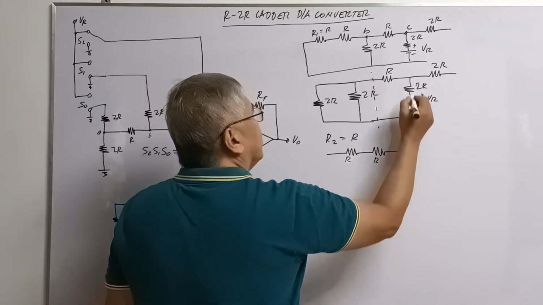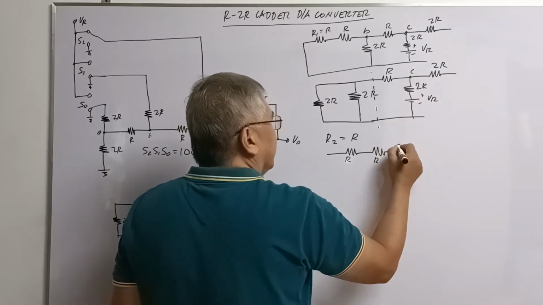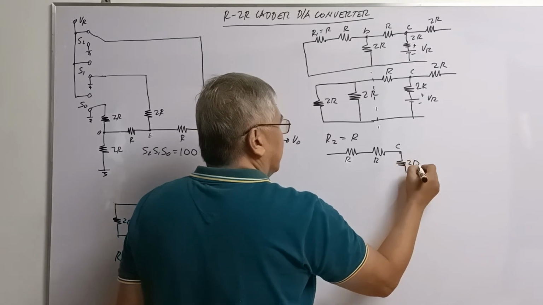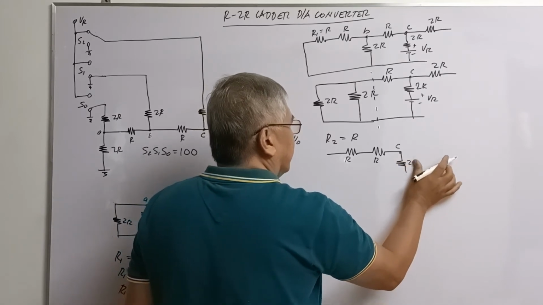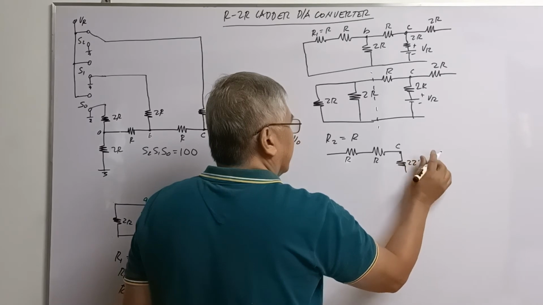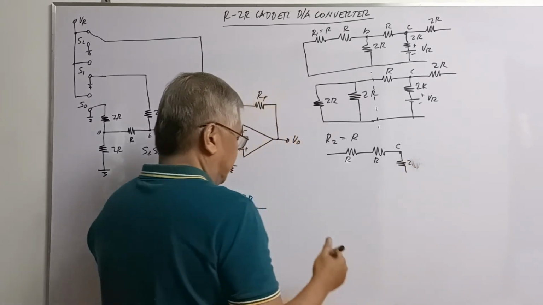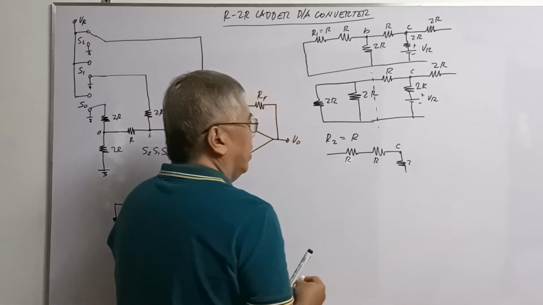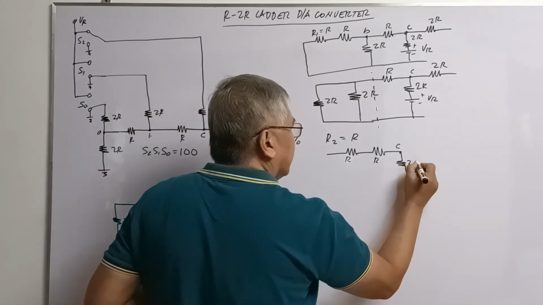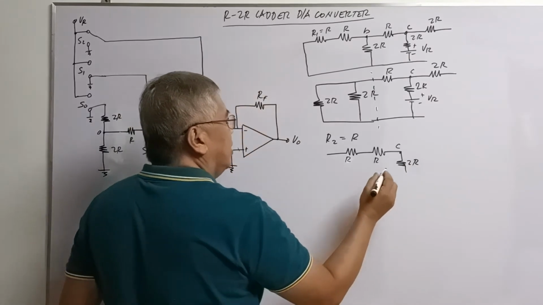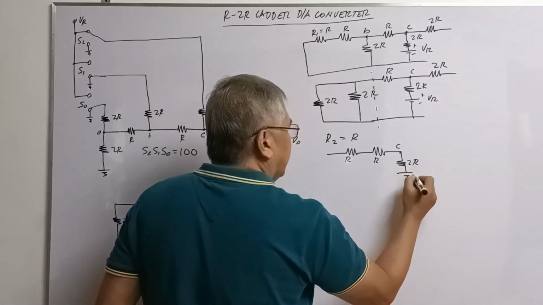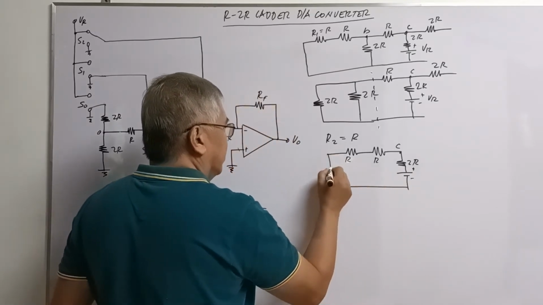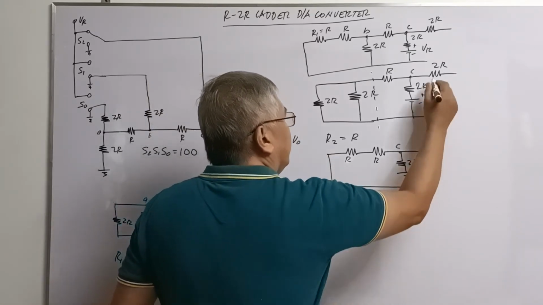And then this one here is your point C. So you have 2R, then the source VR, and then 2R.